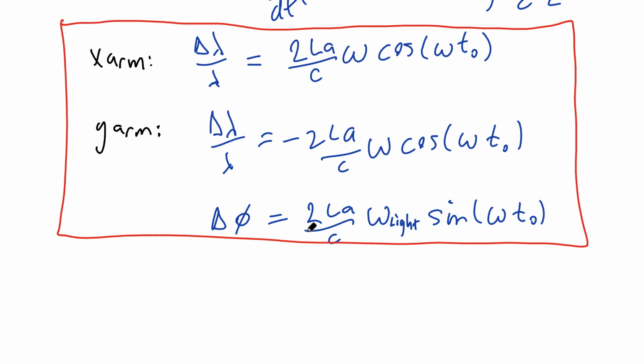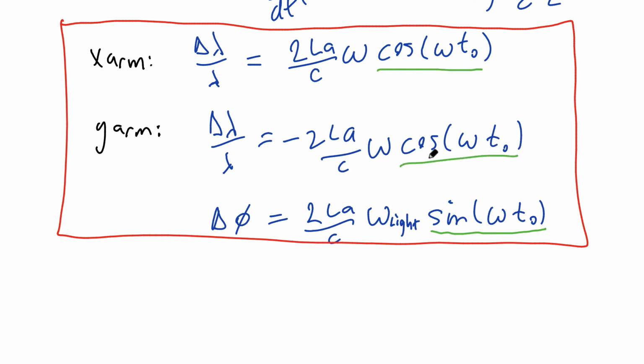As you can see, the phase difference depends on the length difference between the two arms, which is proportional to sine omega t naught. On the other hand, the change in wavelength of the light depends on the rate of change of the arm length, which is proportional to cosine omega t naught.